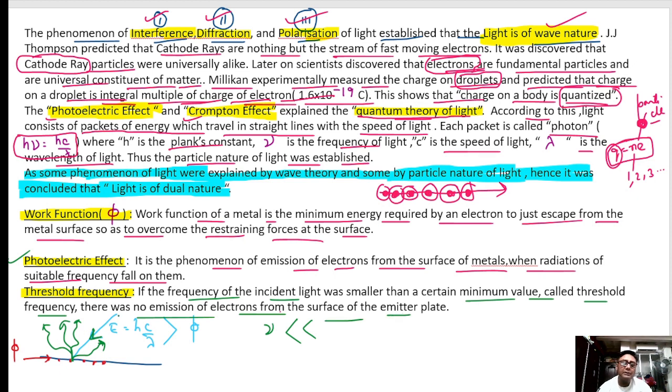That means if the incident frequency is less than the minimum frequency required to liberate the electrons, no emission of electrons takes place. So the incident frequency should be greater than the threshold frequency, then only can the photoelectric effect take place.